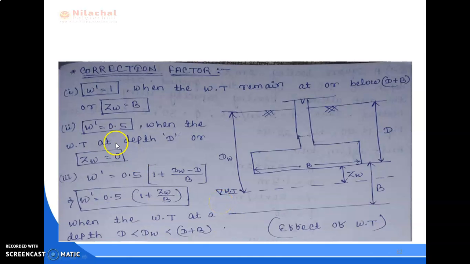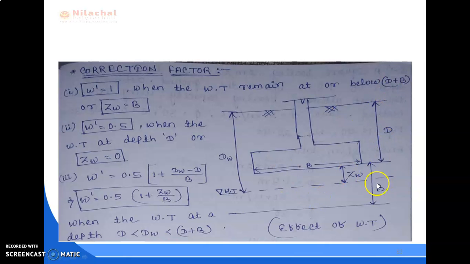Next is the correction factor. W dash equals 1 under some conditions, when the water table remains at or below D plus B. This is the D, this is the B. So, whenever the water table is at D plus B depth, we put W dash equal to 1, or in that case ZW equals B also.